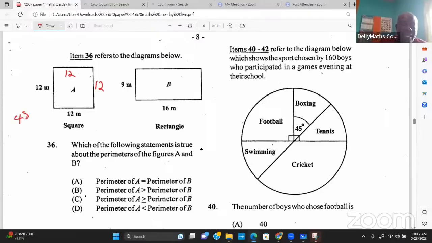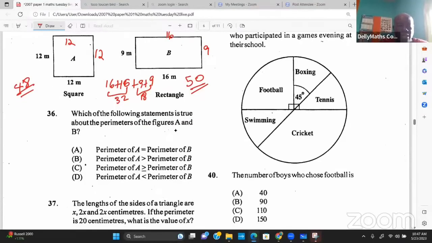So I'm seeing 48 for this, and I'll definitely work this one. So 16 plus 16, that's 32, plus 9 plus 9, 32, 18, this is 50. All right, so that's 50. All right, good. So right now I know that the perimeter of B is bigger. So I'm going to be looking for that.